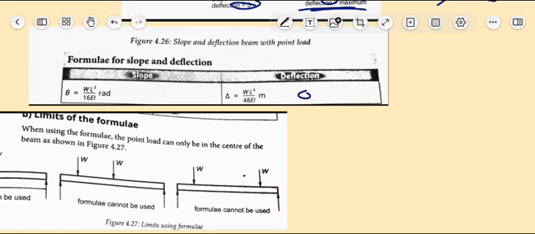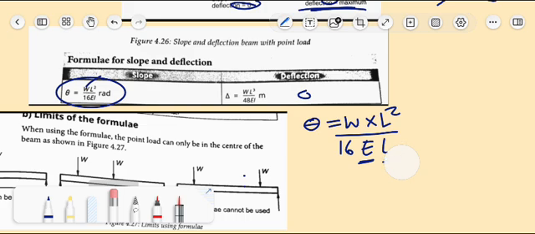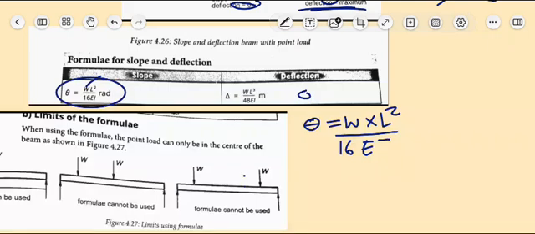The slope is equal to the weight multiplied by length squared, divided by 16 multiplied by E, the Young's modulus, multiplied by I. Although that is not the length, it's I, my bad, the moment of inertia.